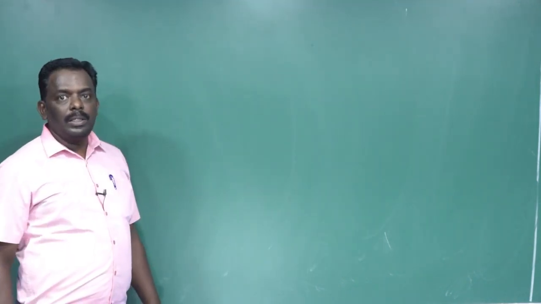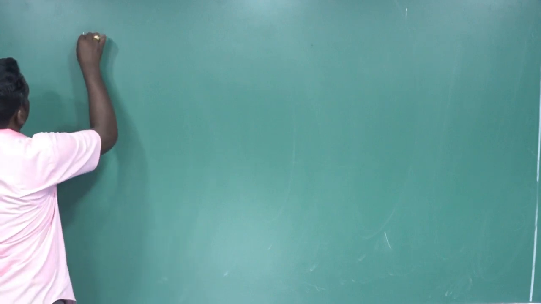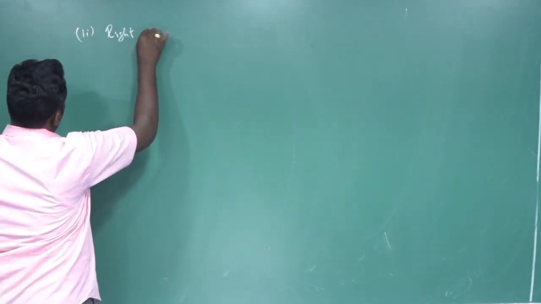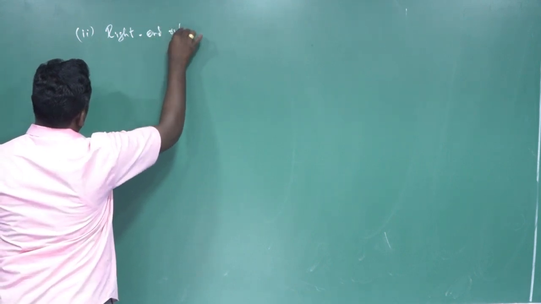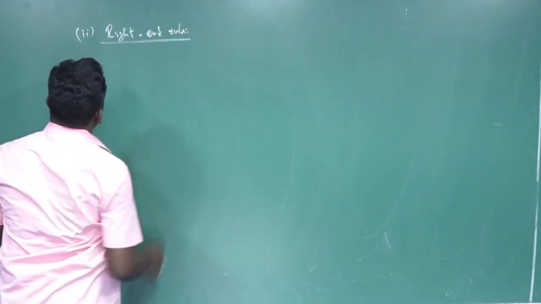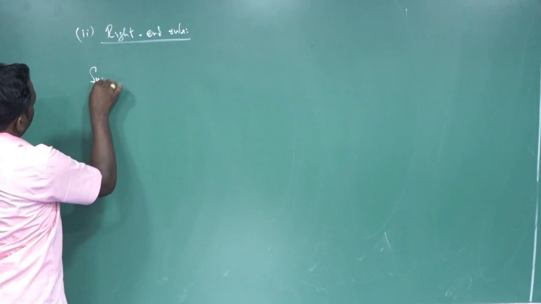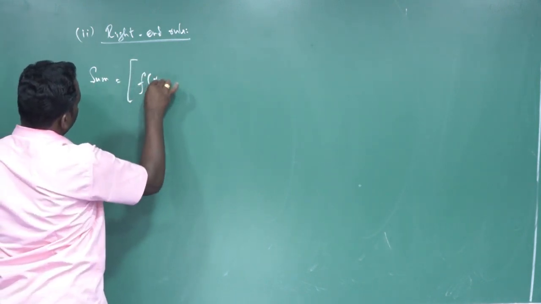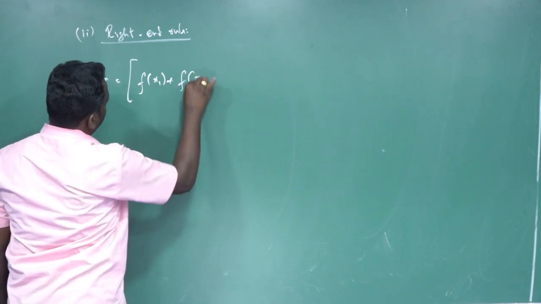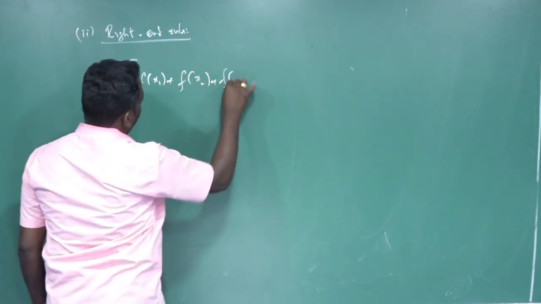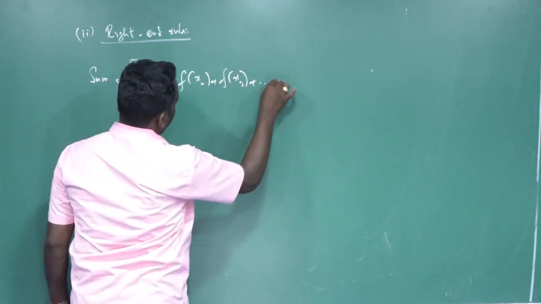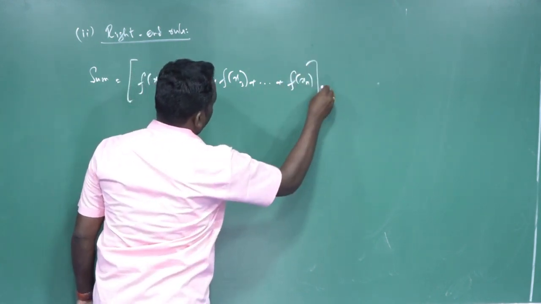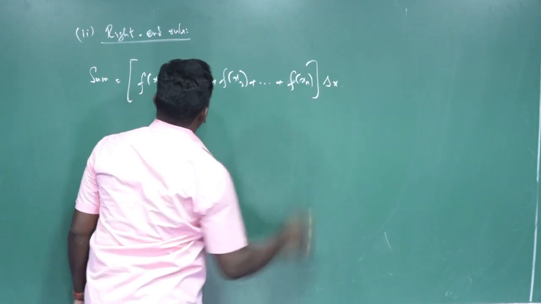The next one is the right hand rule. Therefore the summation is equal to, within the bracket, f of x1 plus f of x2 plus f of x3 plus etc., plus f of x n, into delta x.